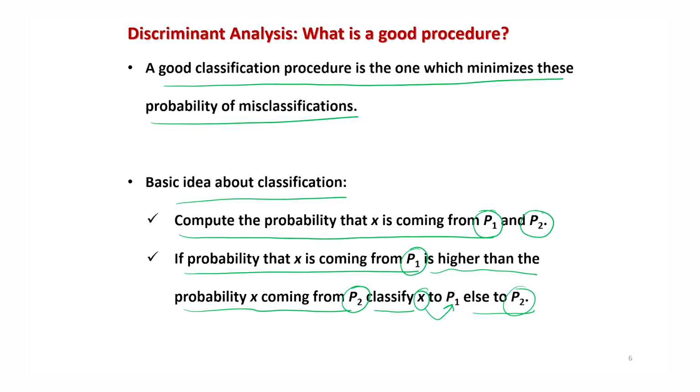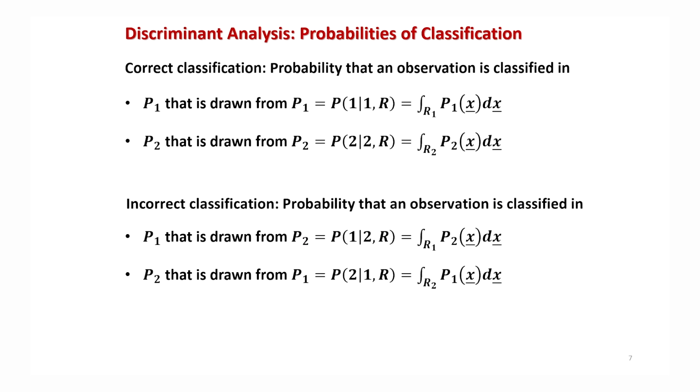And then you classify the student into the mathematics group, and vice versa. Right. So now let us try to understand and formulate this probability in a probability density framework.